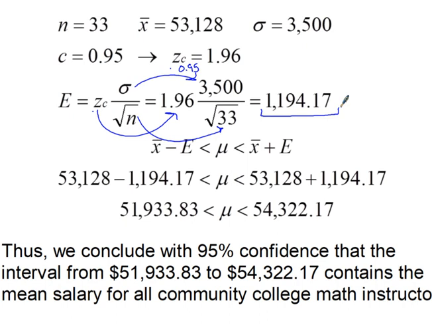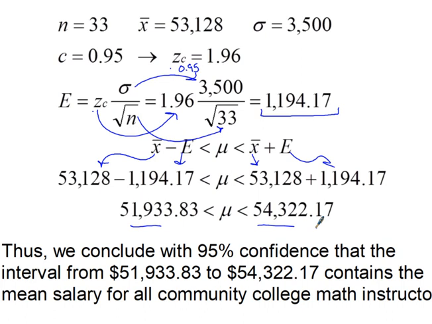And the error works out to be $1,194.17. So to get my confidence interval, remember an interval is a lower number and a higher number. We're going to take the x bar, the average that we got from those 33, subtract the error, and take the sample average and add the error to get a lower and upper number.